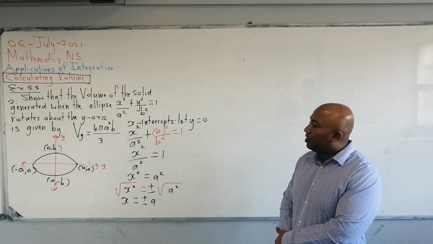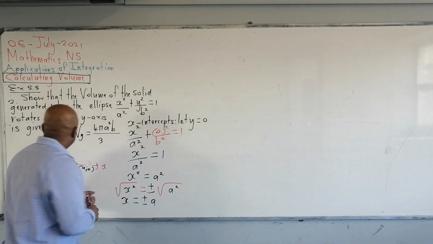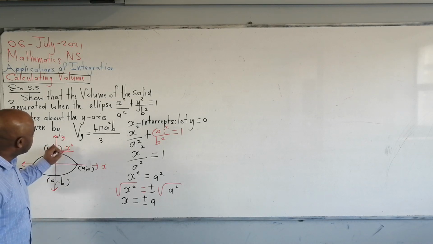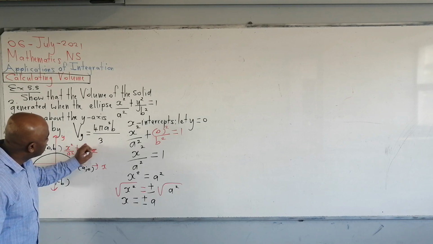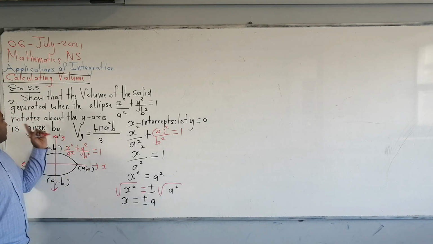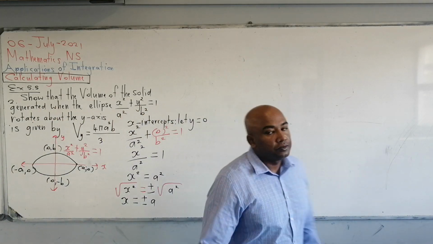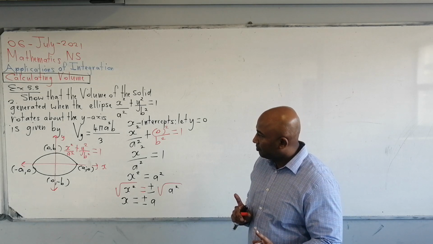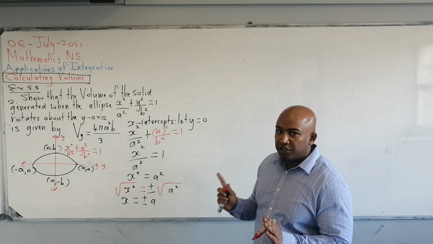Show that the volume of the solid generated when the ellipse, this is the ellipse, x squared over a squared plus y squared over b squared is equal to 1, rotates about the y-axis. So, as I explained in the previous example, when you are working out volume, you do not have a choice.